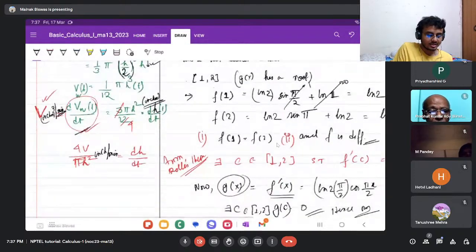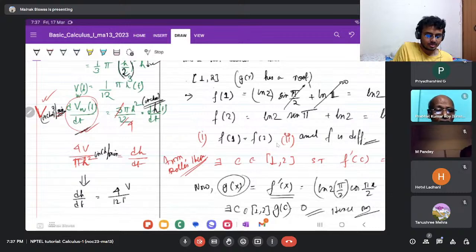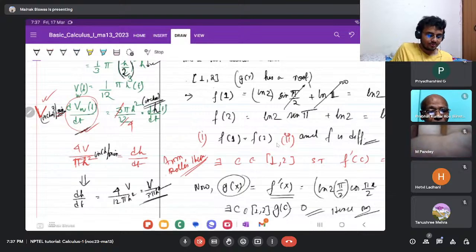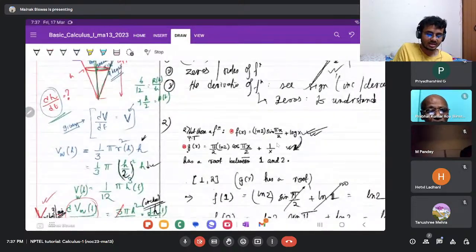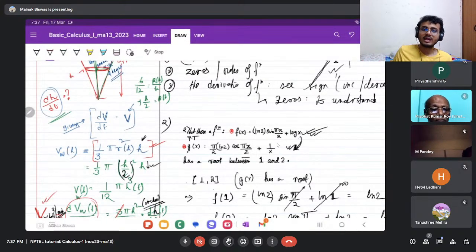So how do we convert to feet? Divide by 12, right? So this is 1 by 3 pi h square into dV/dt, feet per minute. So why did I say we can have any choice? When we wrote the volume, there was no unit there. We could have put any unit.